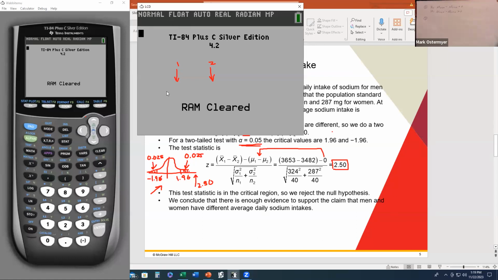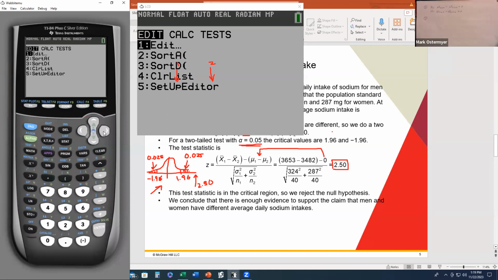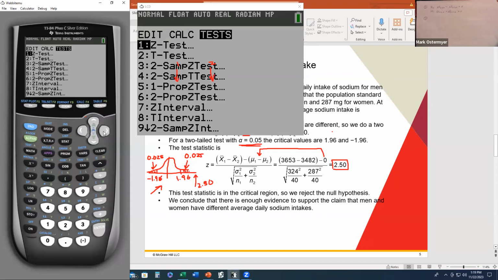All right, so to do this on the calculator, we will go to stat, go to tests, and this is going to be a 2-sample Z-test, okay? So 2-SampZTest is the function we're going to use.